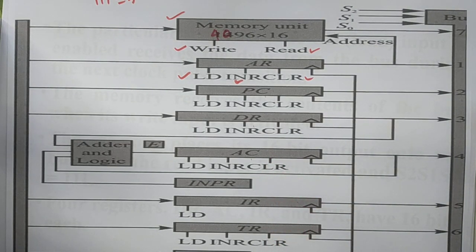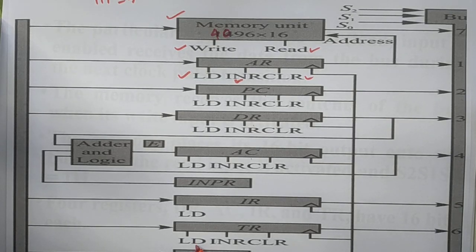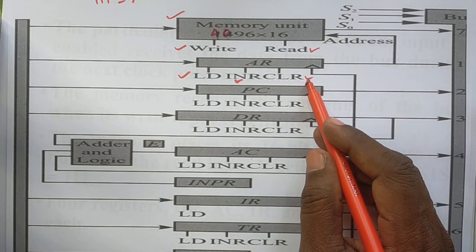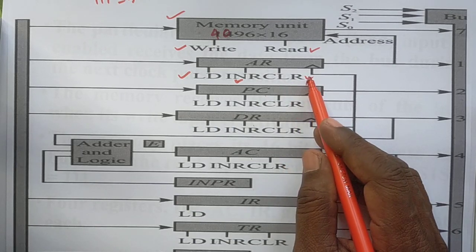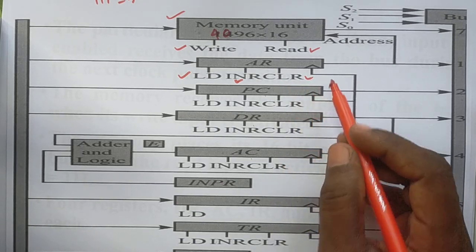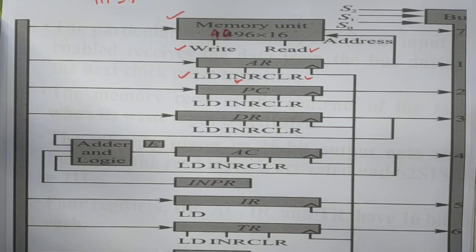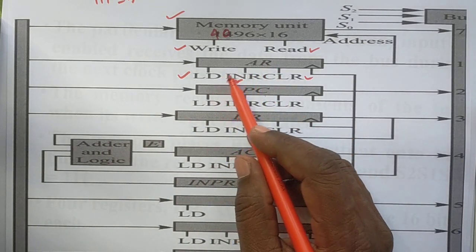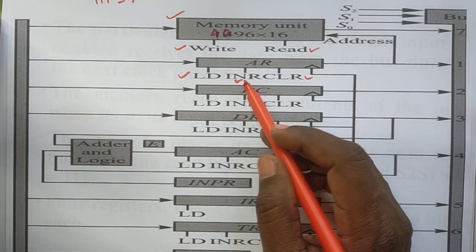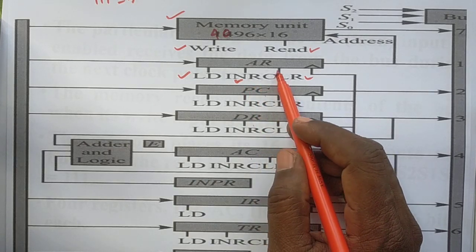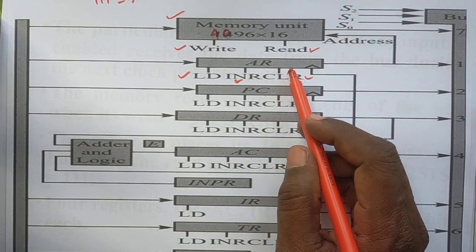This register contains that kind of items. One is load, increment, and clear. CLR is clear. Okay, these 3 items are attached to this particular category of registers for different purposes. Load means data is loaded into the register, increment means data is increased, that is the incrementer, and clear means clearing the data from the particular given register, so CLR.